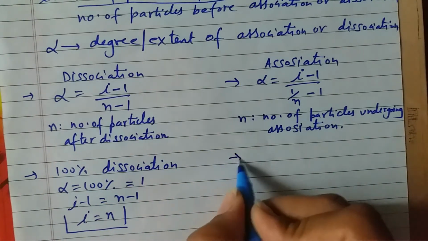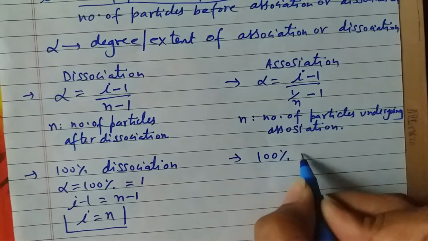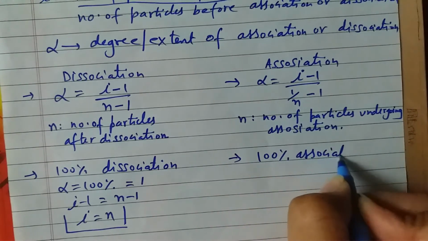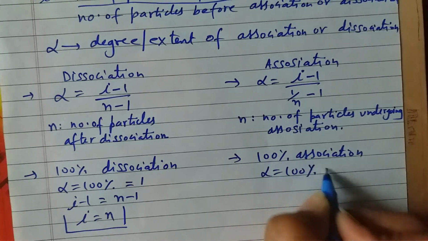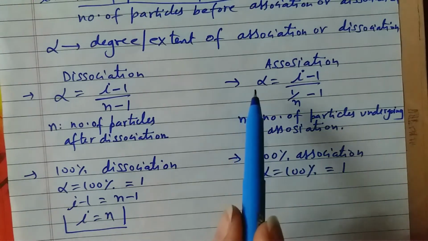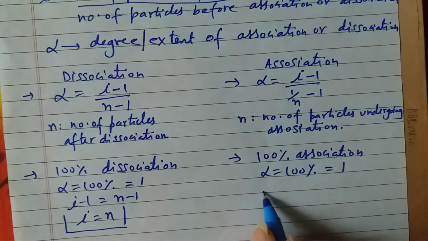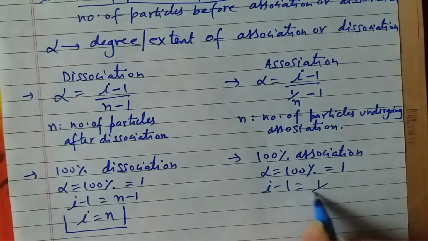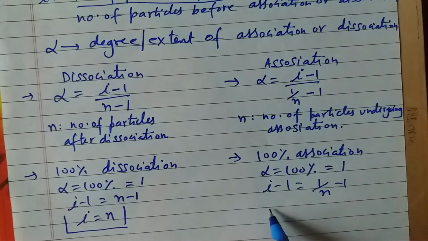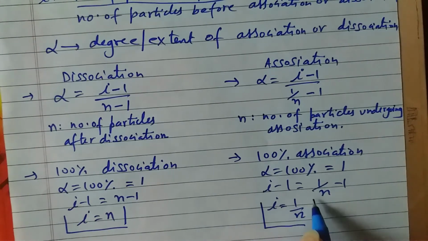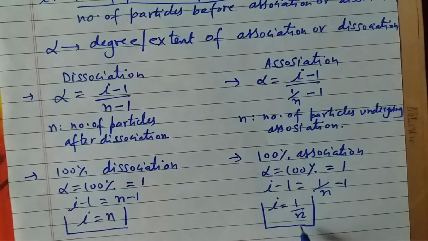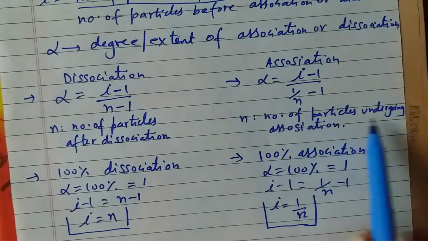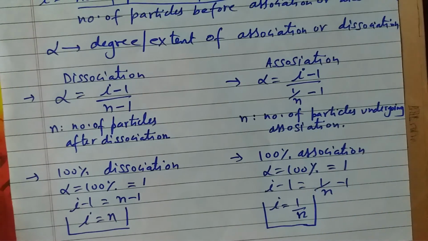Likewise, when there is 100% association in the solution, again alpha is 100%, which means equal to 1. Now if you put alpha equal to 1 here, what will you get? i minus 1 equals 1 upon n minus 1, and this gives us i equals 1 upon n. So here the value of Van 't Hoff factor will be straight away equal to 1 upon n, where n is again the number of particles which were undergoing association.